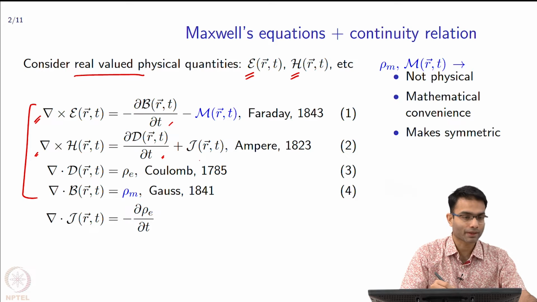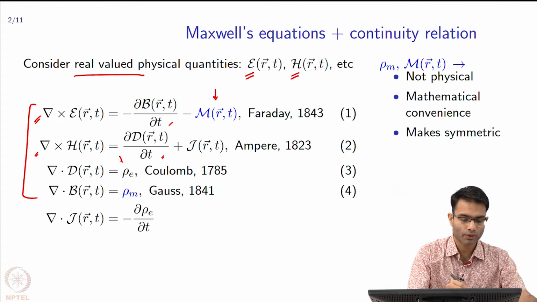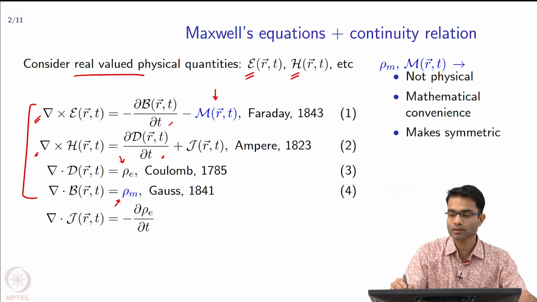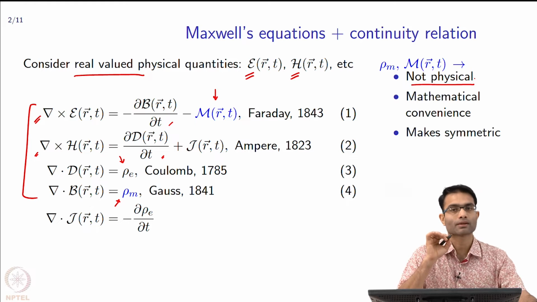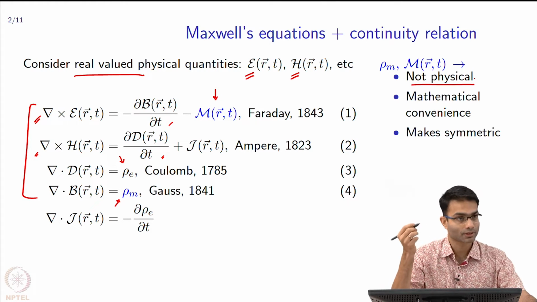If J was an electric current, then M is a magnetic current, and if rho E is an electric charge, rho M is a magnetic charge, okay. Now, as of now, we say that these are not physical quantities, okay. At least magnetic charge is not supposed to be a physical quantity, but there is actually no theoretical reason why magnetic charge does not exist.